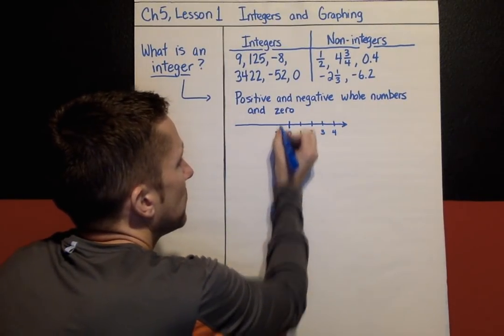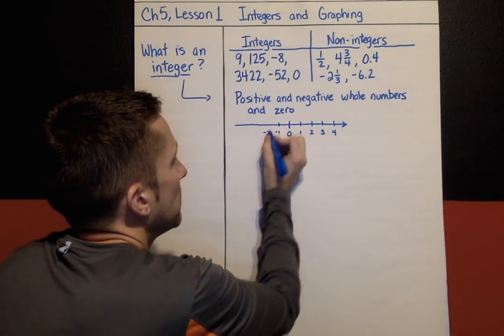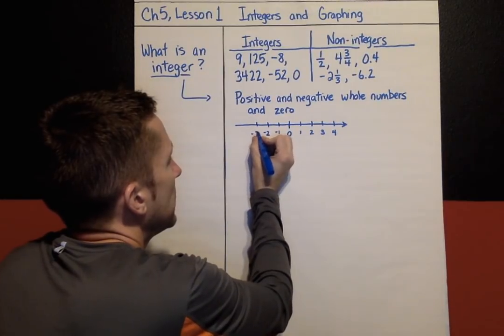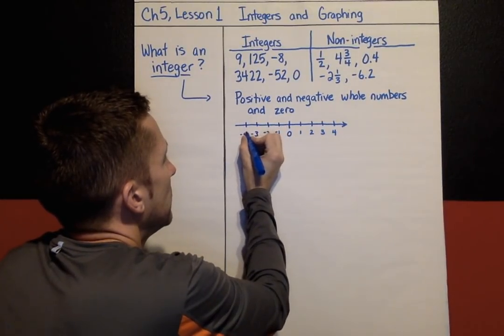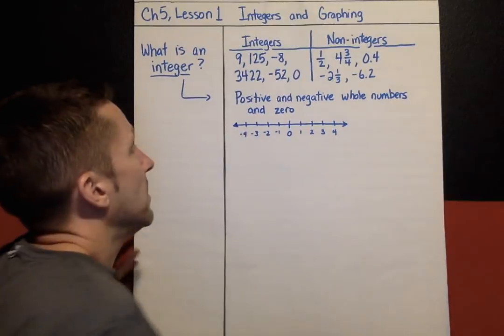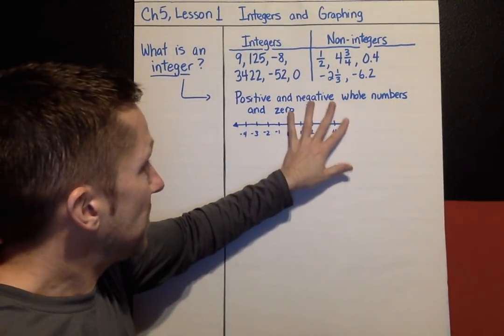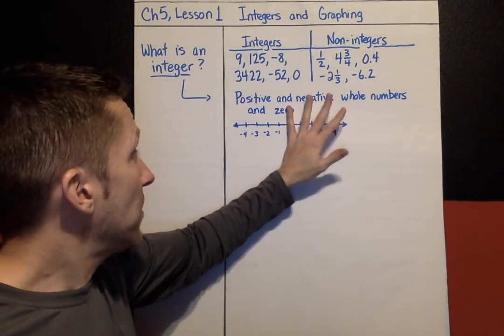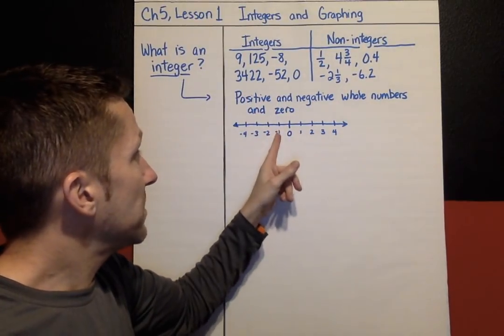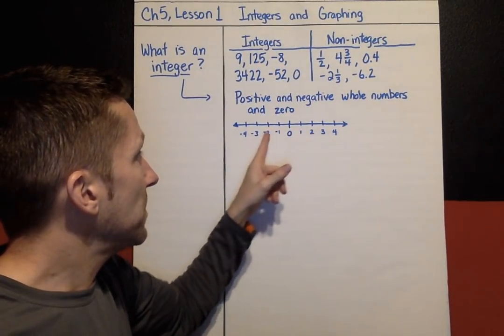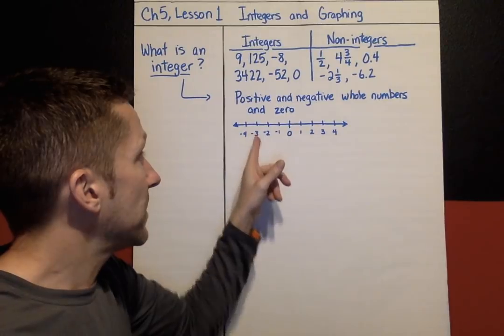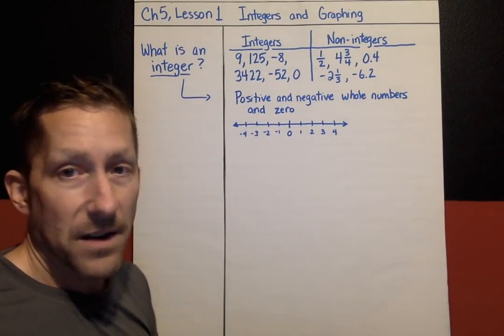So this is negative 1, negative 2, negative 3, negative 4. Notice that if you could fold across 0, the 1 is going to land on negative 1, the 2 is going to land on negative 2, 3 is going to land on negative 3, and so on.